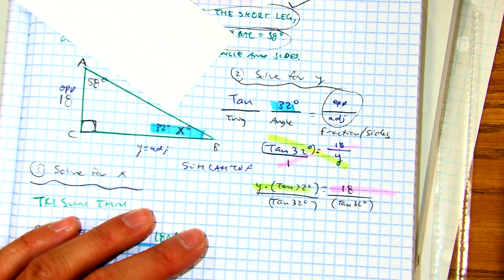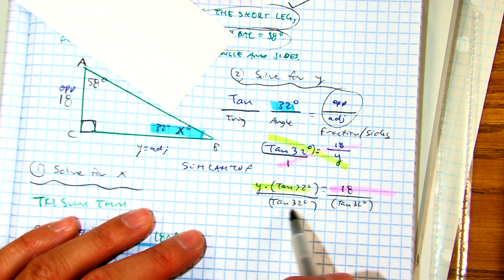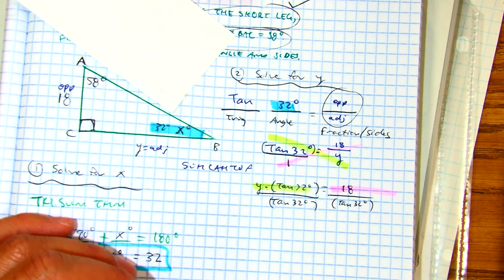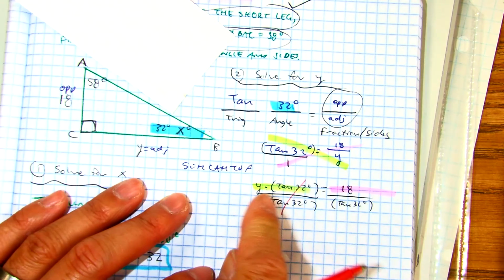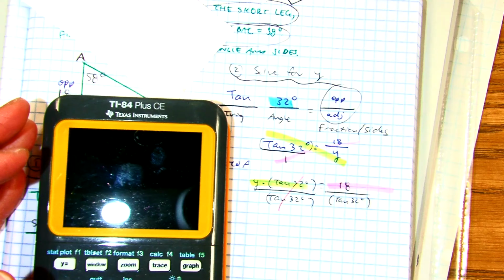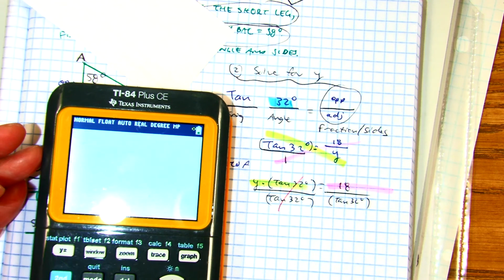Again, some students do crazy things like 18 divided by 32. Don't do that. So if it helps you, again, put those in parentheses. It's a couple. Don't break them apart. There's my calculator-ready equation. Y equals 18 over tan 32. Degree mode, degrees. Extra set of parentheses.